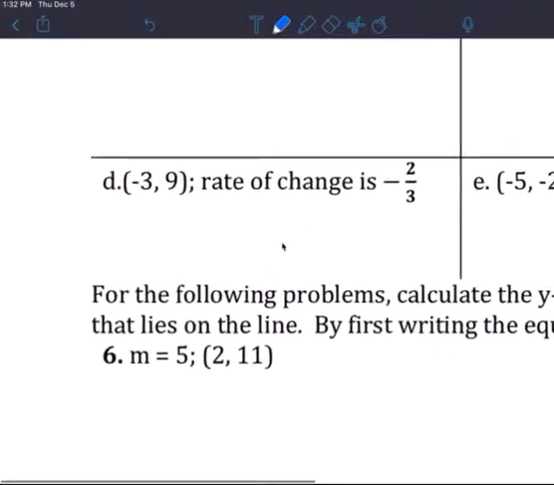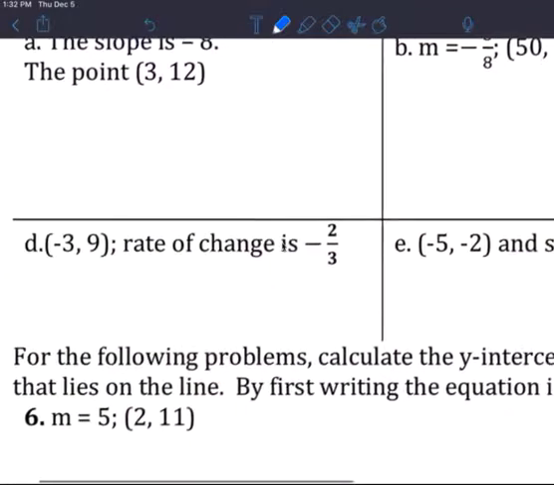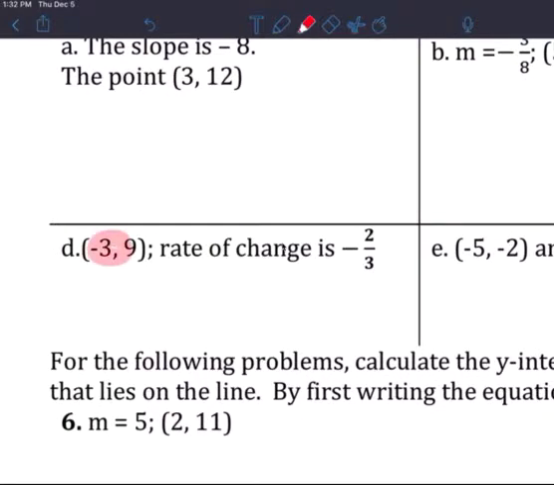Okay. So this is a point. This is a slope. So the point slope formula is y minus y sub 1 equals m parentheses x minus x sub 1. As long as we have a point and a slope, the rate is the slope, you can use the point slope formula.